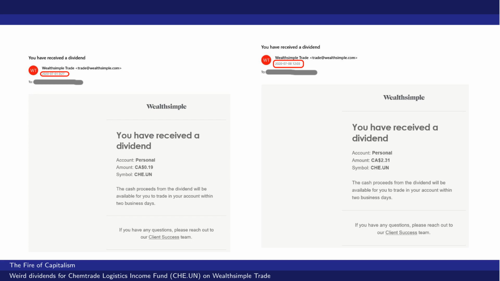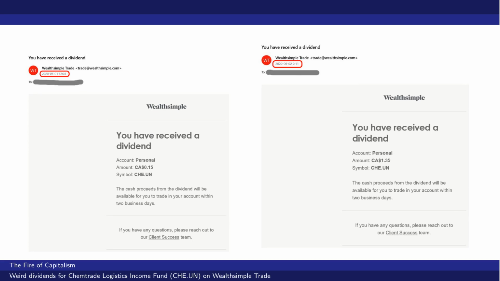So these are the screenshots for the emails that I received a month ago for these dividends, and you see that first I received a dividend of 0.19 on July 1st, and then I received $2.31 on July 8th. So again, when we add this up together, the amount is correct, but the second one I received like 8 days later than I should have.